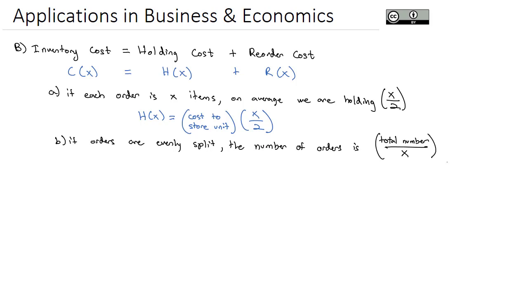That'll tell us the number of orders, which means the reorder cost is going to be the cost to order. Maybe that's a delivery fee or a processing fee, times the number of orders, which is the total number of things divided by x.